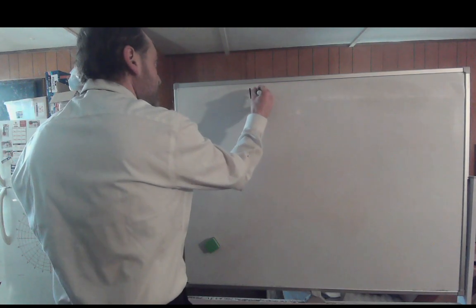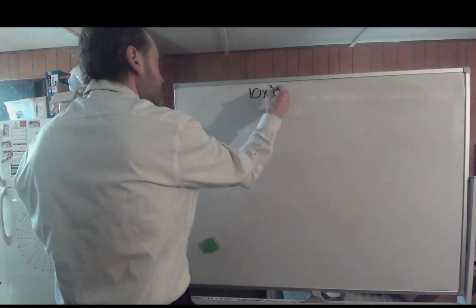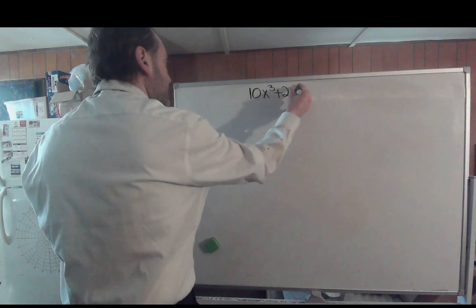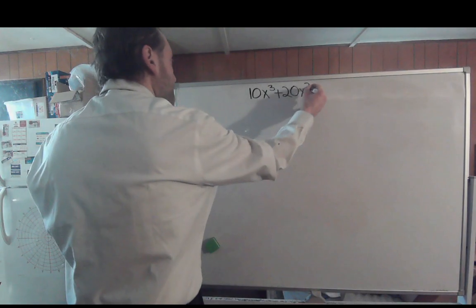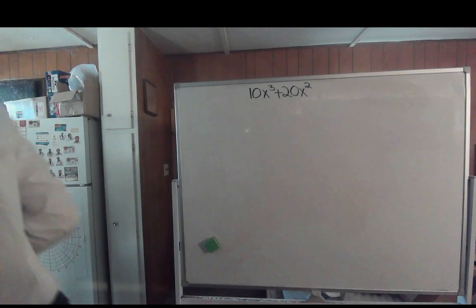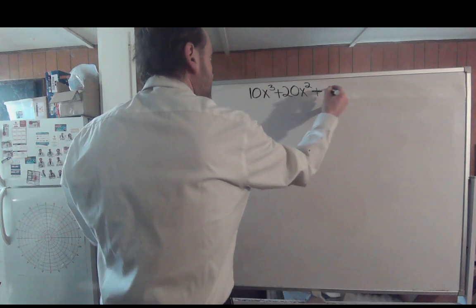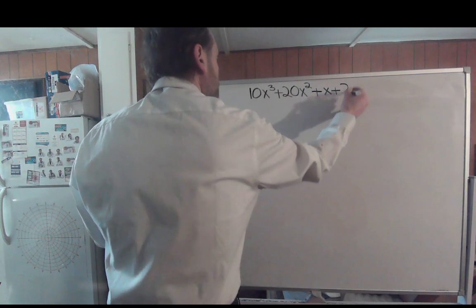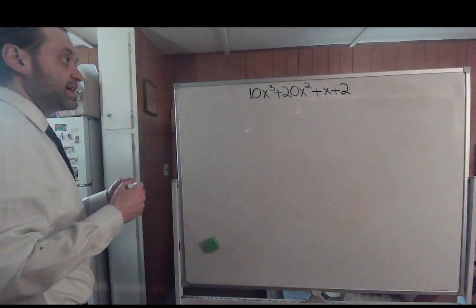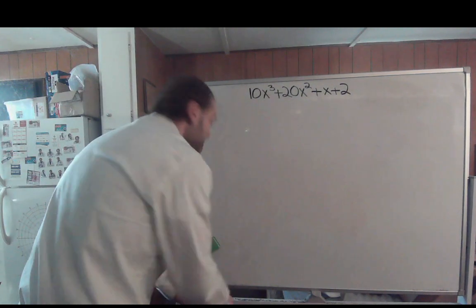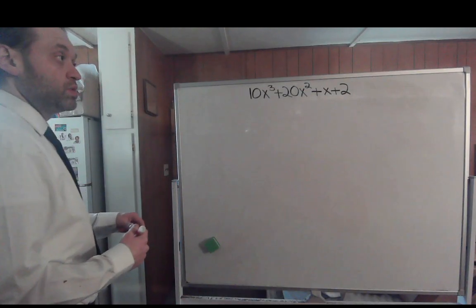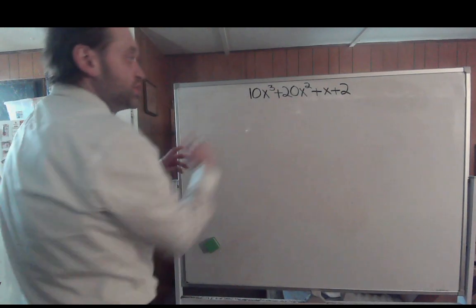We have 10x to the third plus 20x to the second plus x plus 2. So we've been given 10x to the third plus 20x to the second plus x plus 2. Well, why don't we look at the first two terms here?